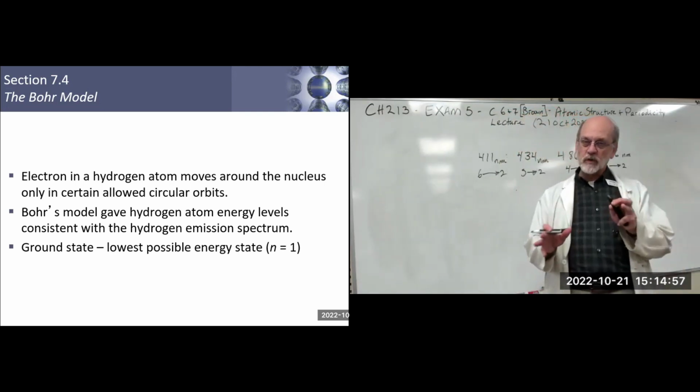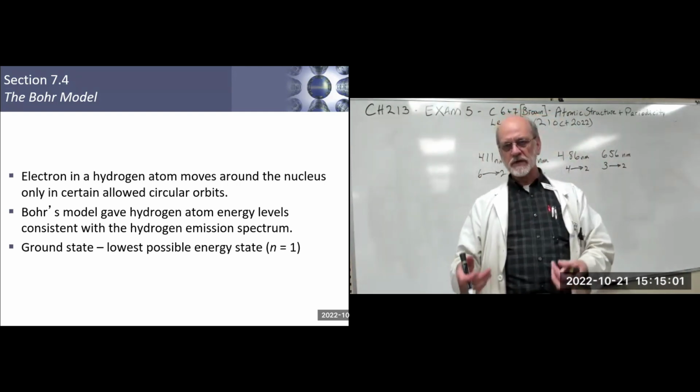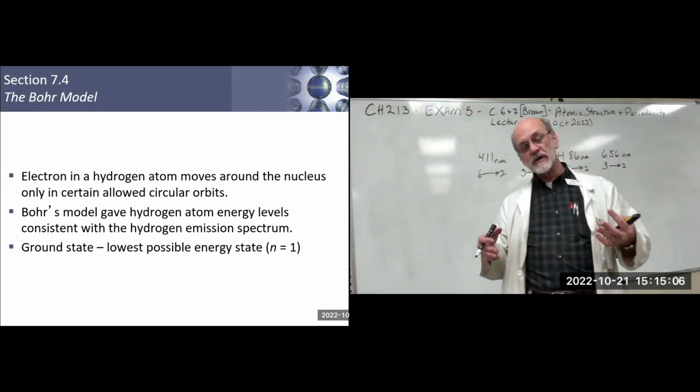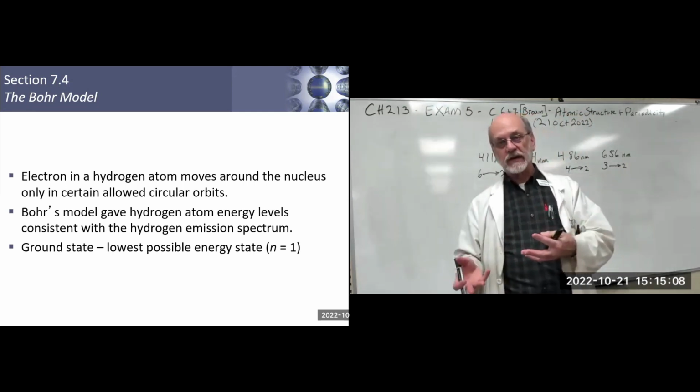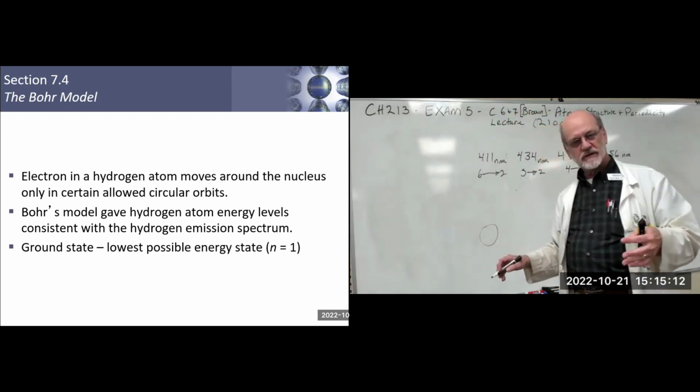So what Bohr said was he used the planetary system, the sun's planetary system as a model. And he said, okay, suppose that the nucleus is like the sun. There's your nucleus.